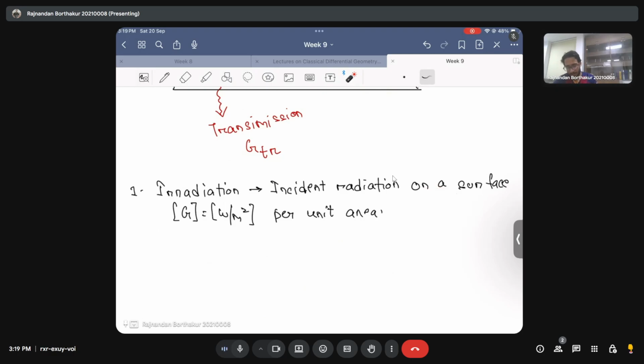Okay, so first of all, a question should arise in your mind: where does this incident radiation come from?